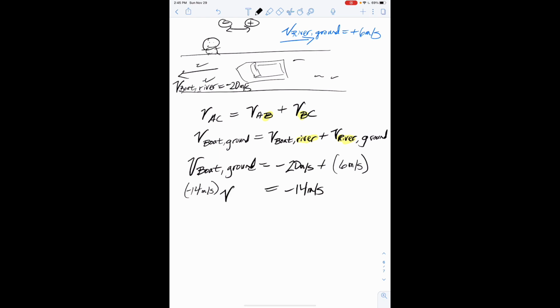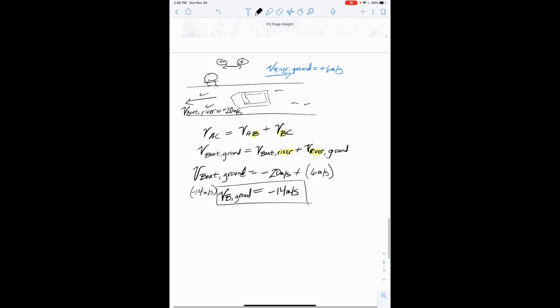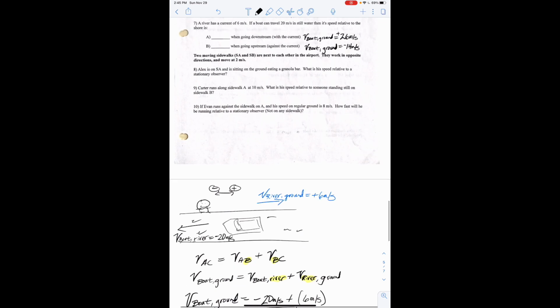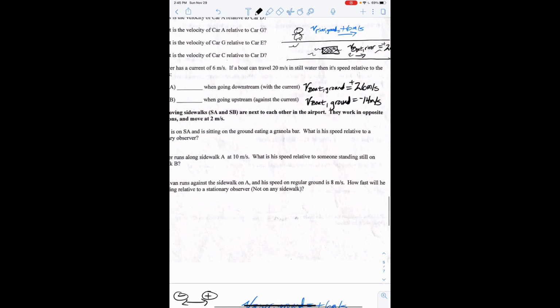So that's V_BG, or V B ground. Okay, and there you have it right there. So the formula backs up what I think is obvious, and I don't expect you to use it, but I just want to go through it so you understand that whenever it doesn't make sense, fall back on the formula to help you. Okay, this next one.